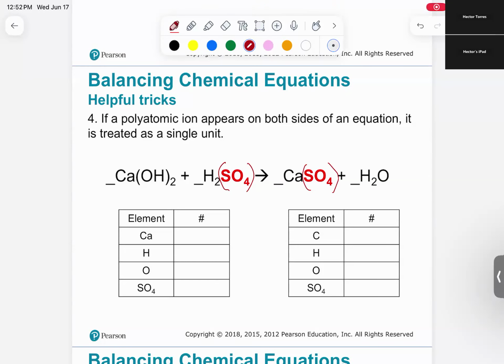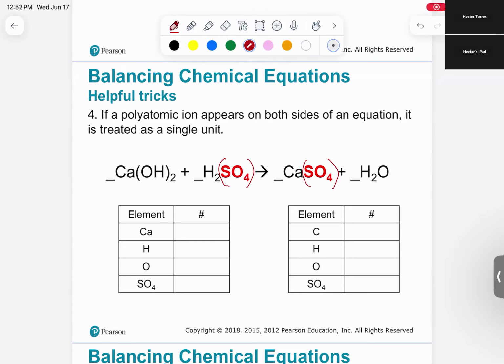So what we can do is we can just parentheses it, or at least in your head, parentheses it, so you can keep this all as one number. So over here, I can see I have 1 molecule of SO4. Okay, that way I don't have to count it as oxygens, I don't have to count it as sulfurs, I just keep it as SO4. And so I do 1 over here, and then I do everything else how I normally would.